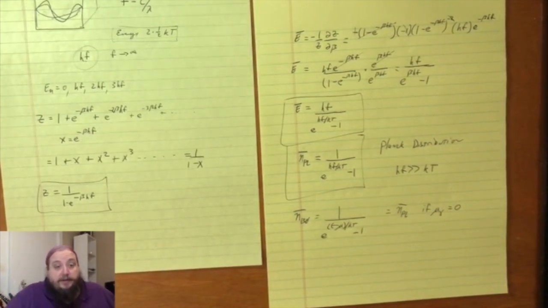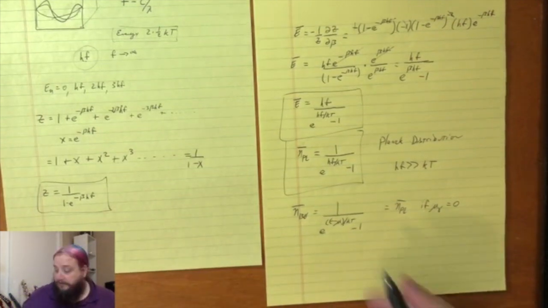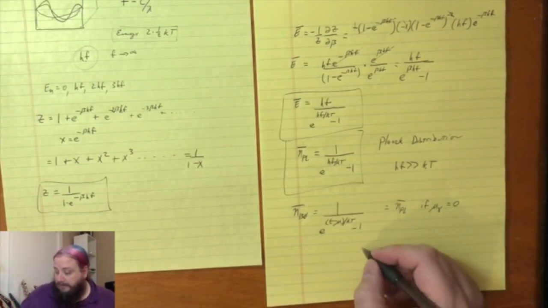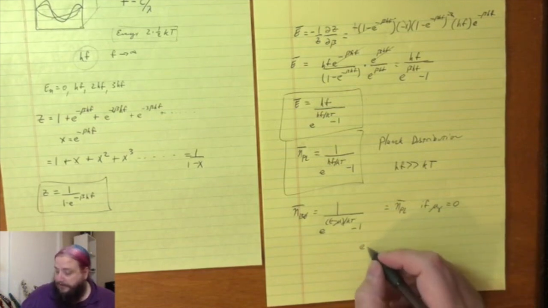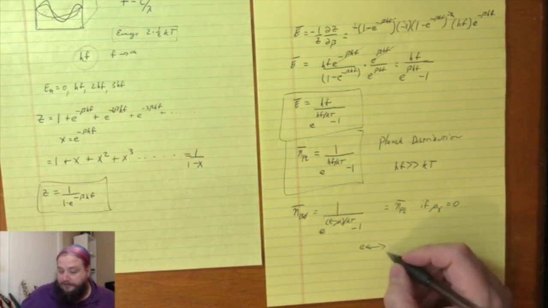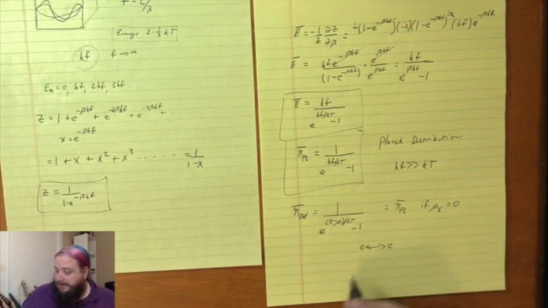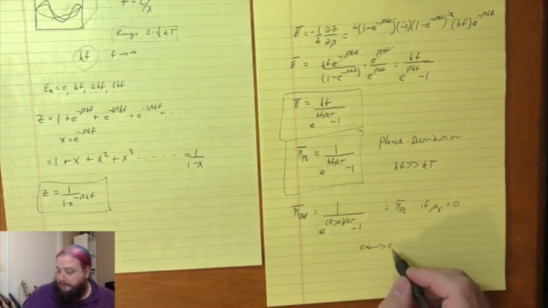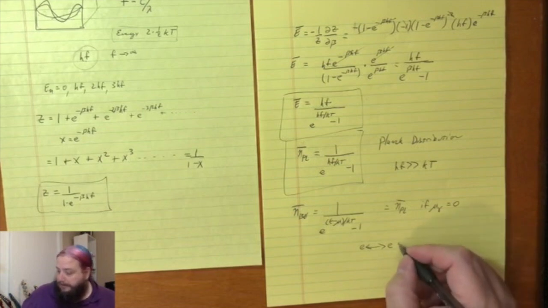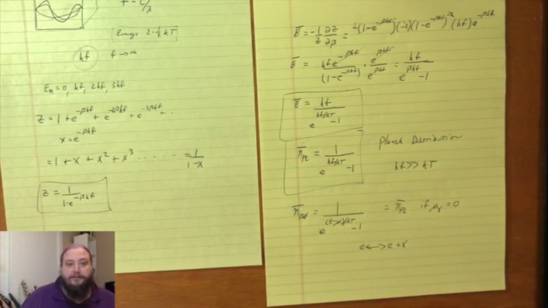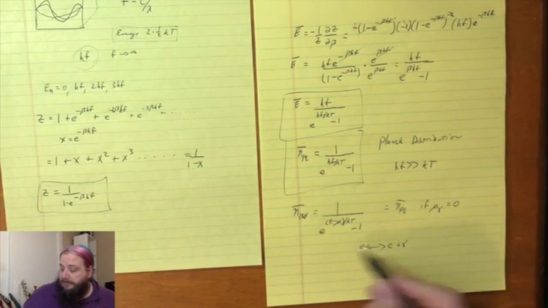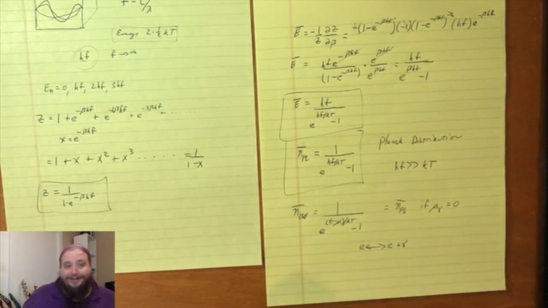Does this match our experience of photons? Well, in fact, it does. Consider, for instance, a very common reaction that we see in physics, which is that an electron either emits a photon, or vice versa, a photon collides into an electron and is absorbed by it.